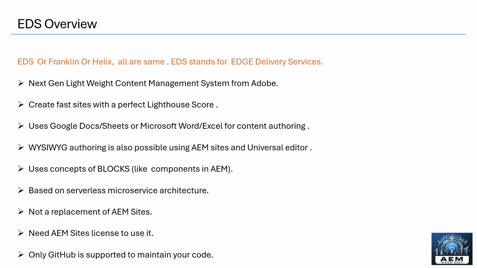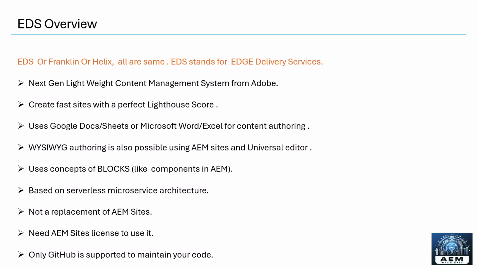There's one more method where you want to use EDS along with AEM, like you want to consume content from AEM. So the content can be created in AEM, and then using the Universal Editor, authoring of those pages can be done.